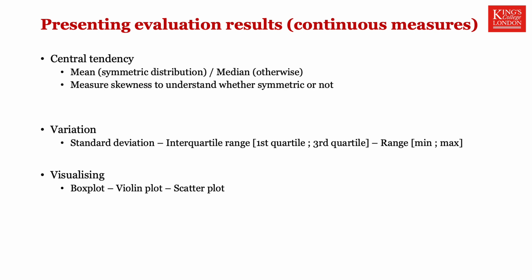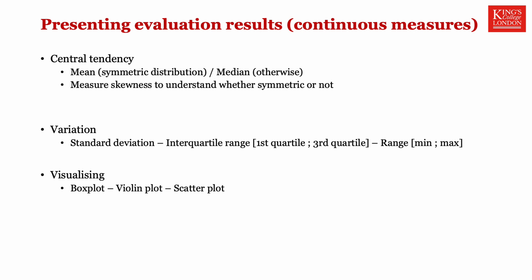In terms of central tendency, it depends on how symmetric your evaluation is. You can measure that with the skewness to understand whether you can report the mean, or whether it would be better to report the median.